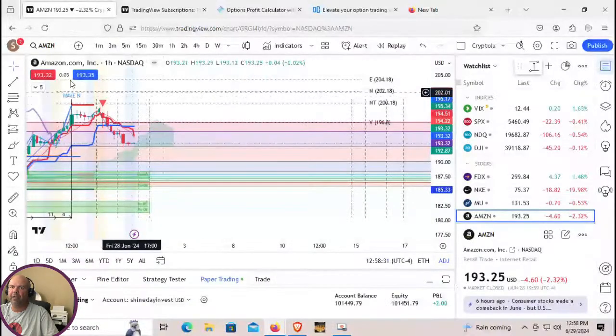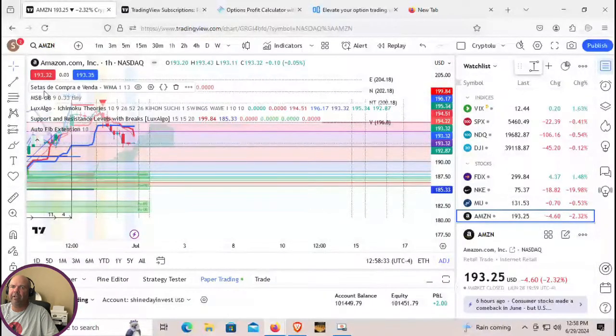What I use here, I have 5 indicators. A guy posted some type of indicator on Instagram, so I copied it with ChatGPT and tried to build this one. It actually works pretty well. This is in Portuguese, setas de compra e venda, arrows that buy and sell.